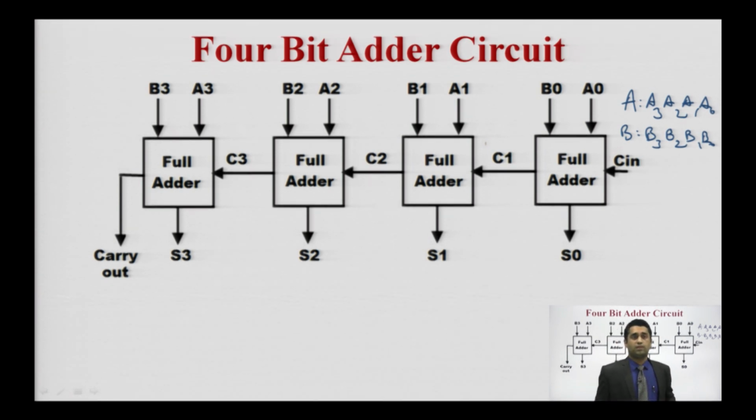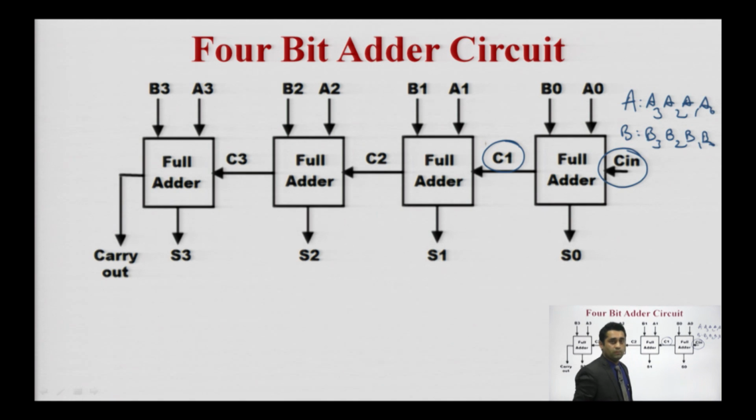What is the issue in this type of calculation is, when we are talking about this part, this C in, carry in, and these 2 are the inputs from the 2 numbers. In this case, this carry out is computed and then this carry out is treated as the carry in for the next adder. Means here the output of this is working as an input for the second adder.